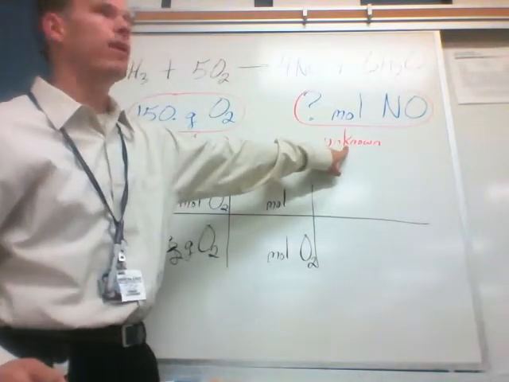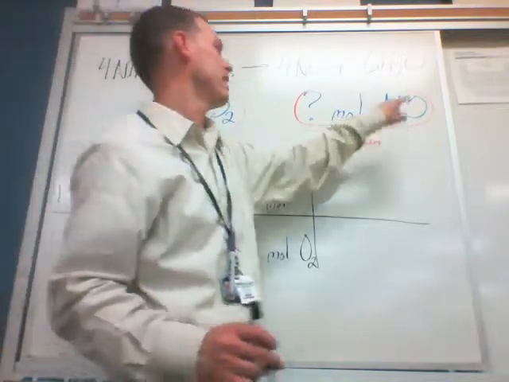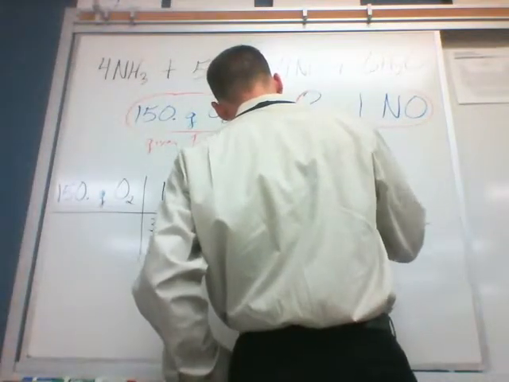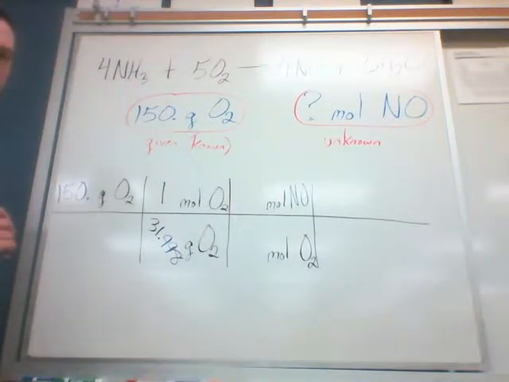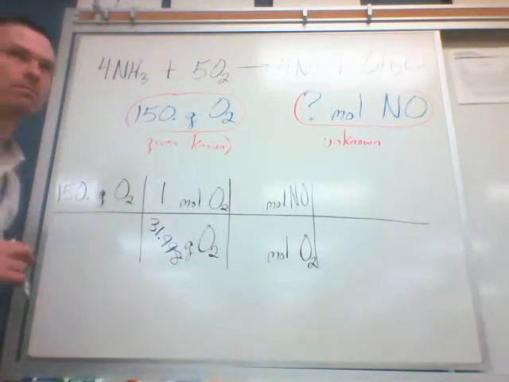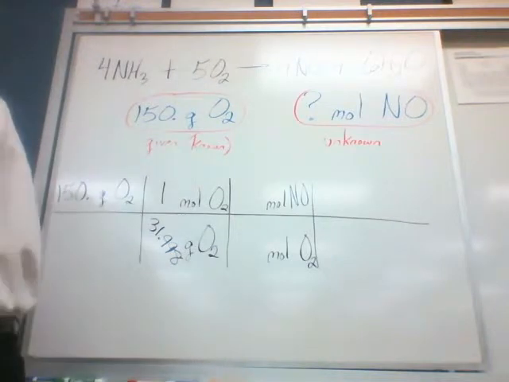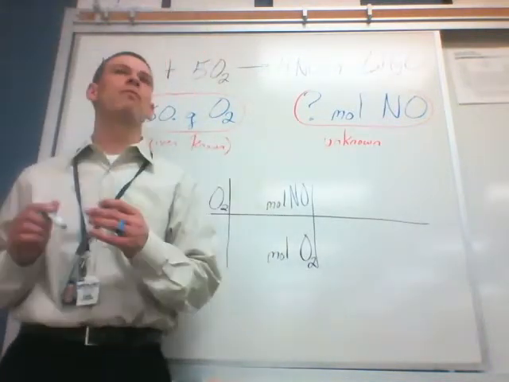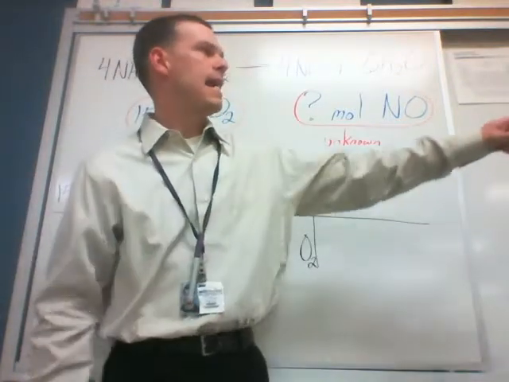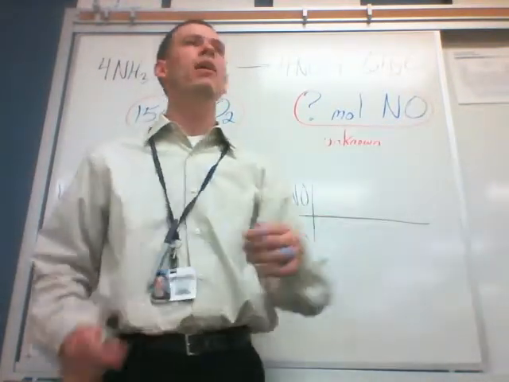And now I can focus on the unknown. The unknown is NO. These numbers are going to come from somewhere different, though. I didn't mention it previously, but look at what I have it labeled.